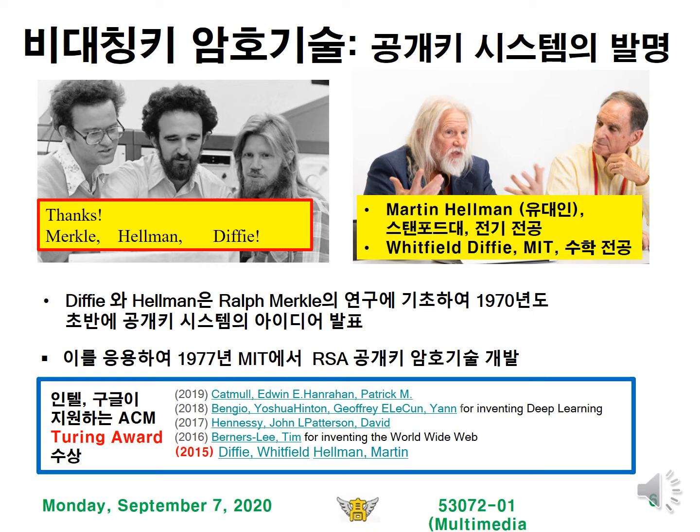So now, on the right side, you see the photo of Diffie, with the mouse touch, that is Diffie and Hellman.